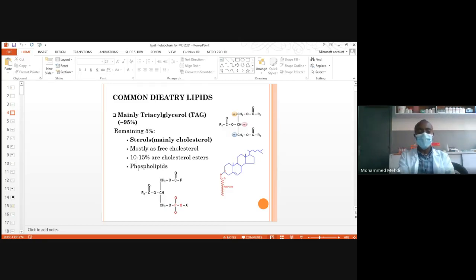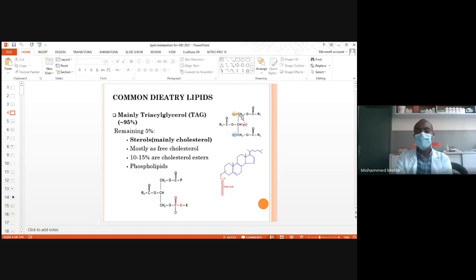The rest is made by phospholipid. This phospholipid and cholesterol ester make the remaining 5%. The dominant one is triacylglycerol, 95%. As you know from the last class, from module 1 or module 2, you know the structure of triacylglycerol.